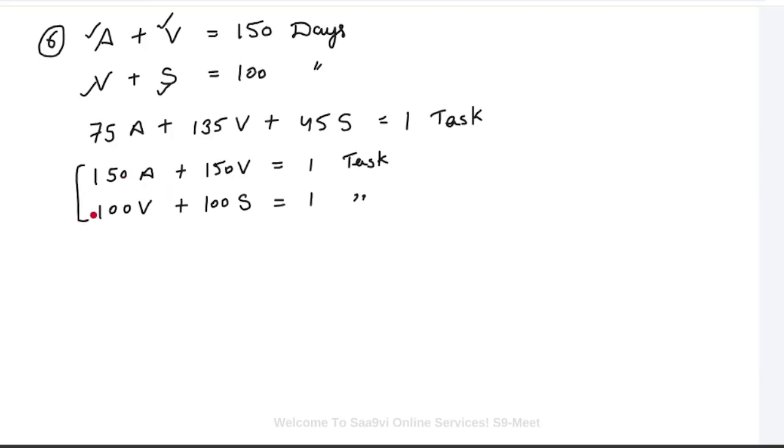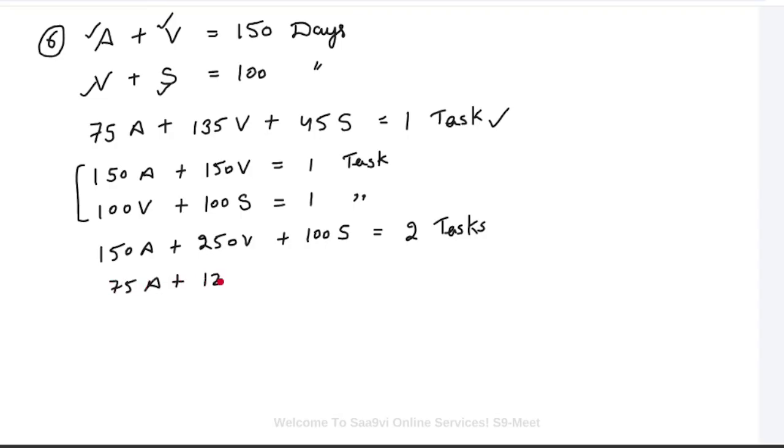Now, if we add these two equations, we get 150A plus 250V plus 100S. That is equal to 1 plus 1, 2 tasks. Here we have only one task, so let's divide it by 2 on both sides. We get 75A plus 125V plus 50S, that is equal to one task.